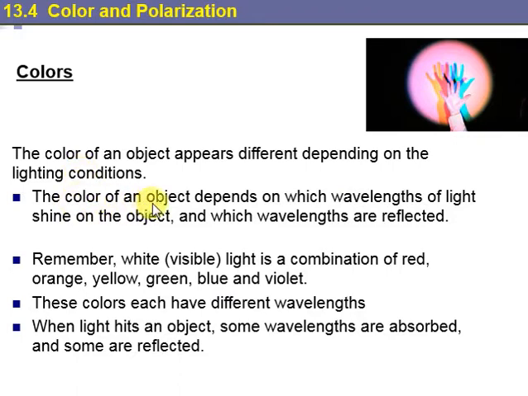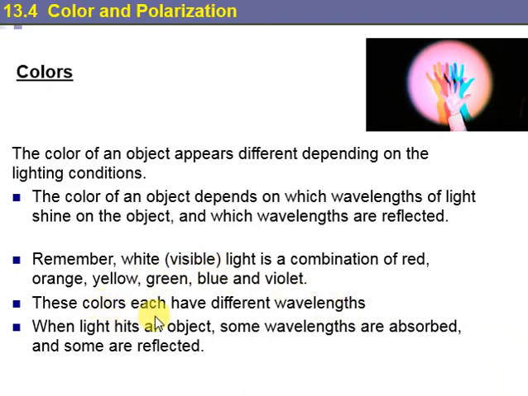The color of an object depends on which wavelength of light shines on the object and which wavelengths are reflected. Okay, remember that white light, or visible light, is a combination of 6 primary colors, ROY GBIV, or 7 elementary colors: red, orange, yellow, green, blue, indigo, and violet.